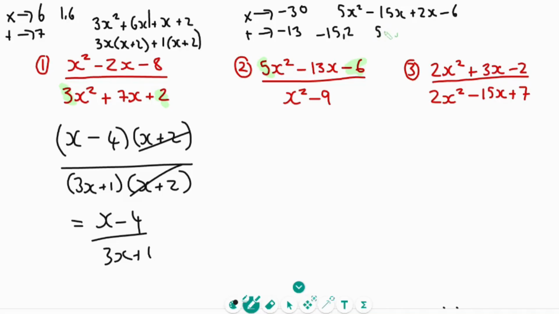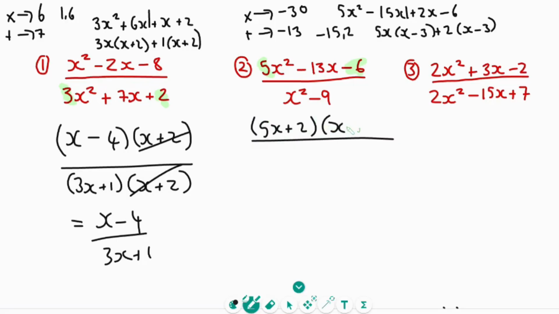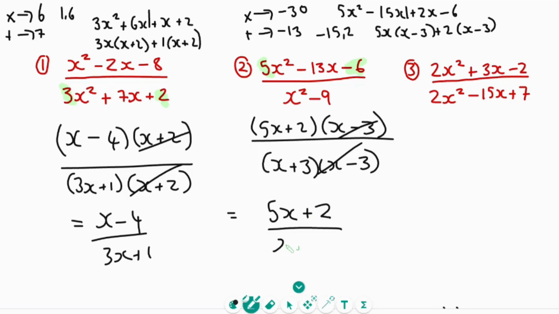So you've got 5x bracket x minus 3 plus 2 bracket x minus 3. So the numerator simplifies into 5x plus 2, x minus 3. The denominator is the difference of two squares, x plus 3, x minus 3. It cancels out, 5x plus 2 over x plus 3.